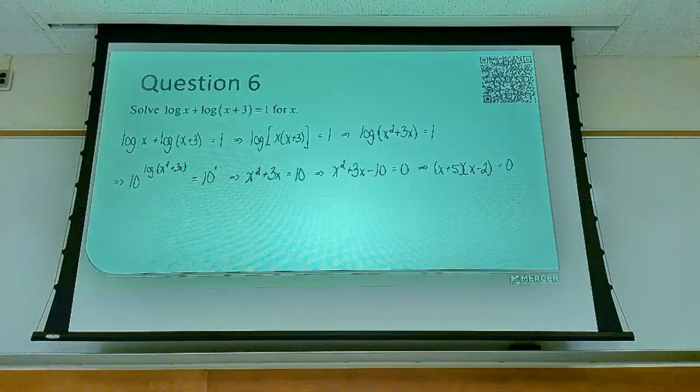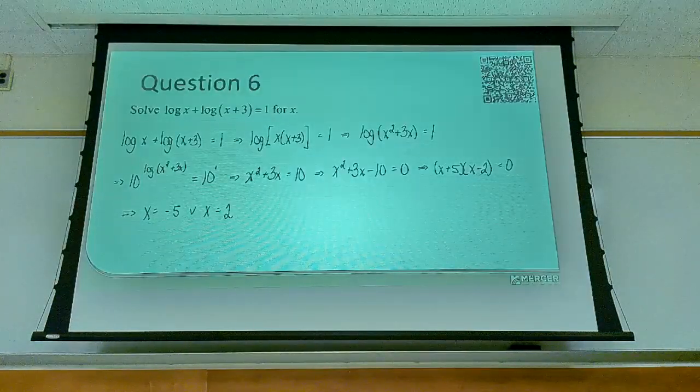5 minus 2 is 3. The 5 has to be positive. Right. Solving that quadratic, you're going to get either -5 or 2.